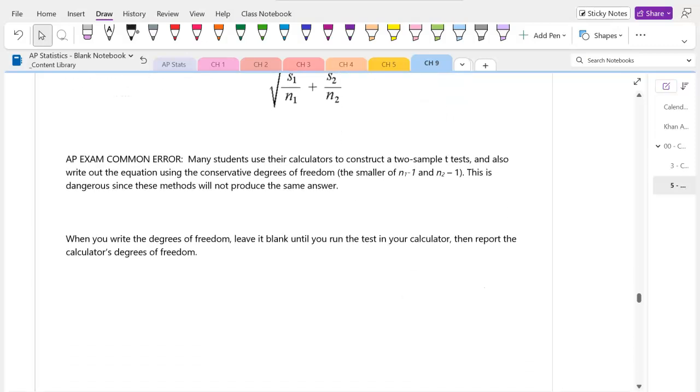So when you write the degrees of freedom, you're going to leave it blank until you run the test, which if you are watching this video and your friend is not, please warn them that I said that you need to leave your degrees of freedom blank until you run the test in your calculator. That is going to be huge going through this portion.